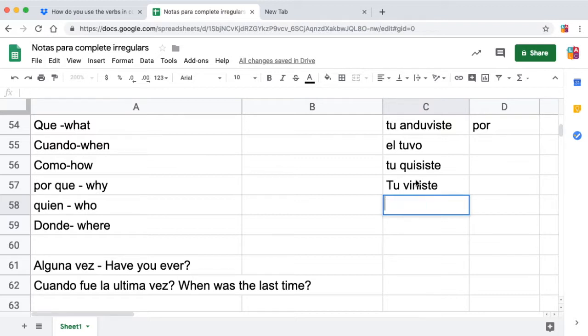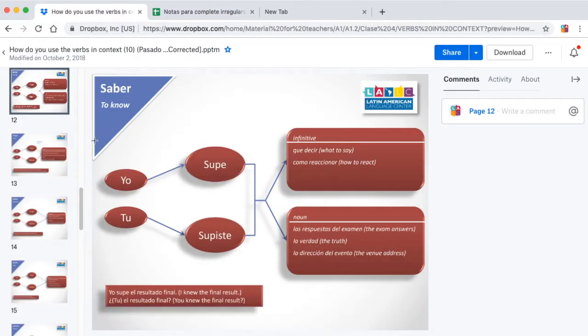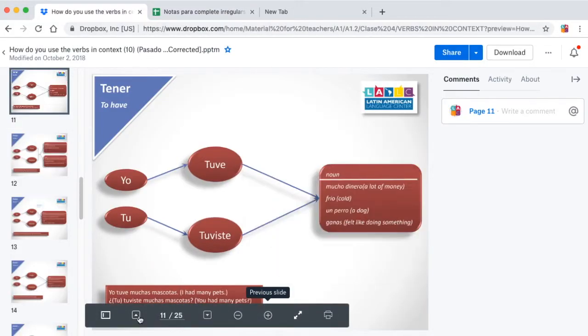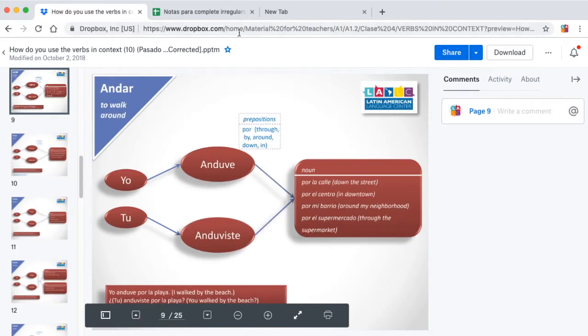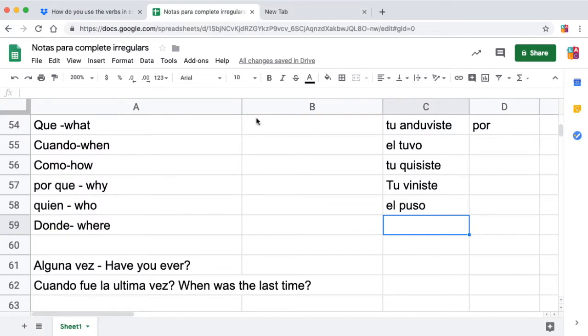Let's say él puso, he put, okay, pusiste, and then we saw also viniste, quisiste, let's say, so I don't start inventing. Supiste, tuviste, estuviste, that one.